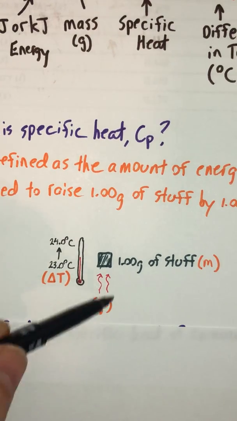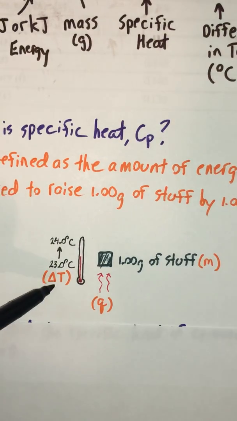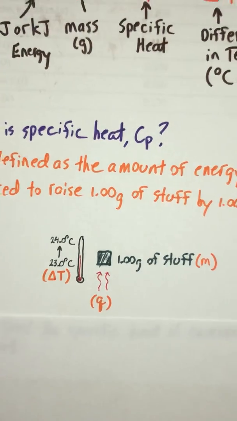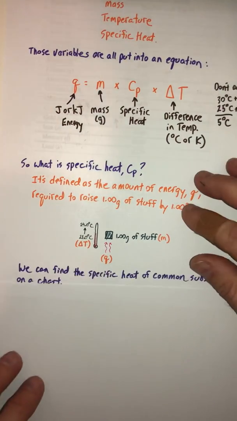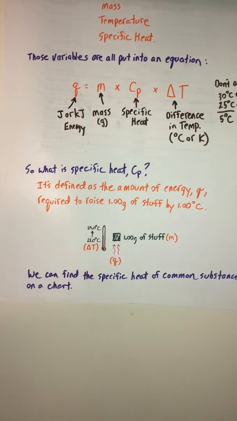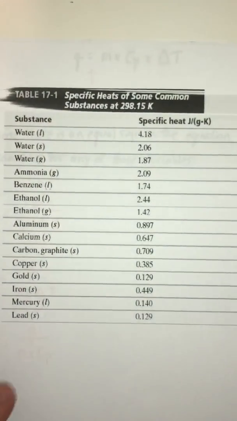So we can measure with a thermometer temperature change, but we have to use all 3 of these variables to actually determine its specific heat. So we can actually find the specific heat of common substances on a chart. So I'm putting this chart on my website for you to look at.